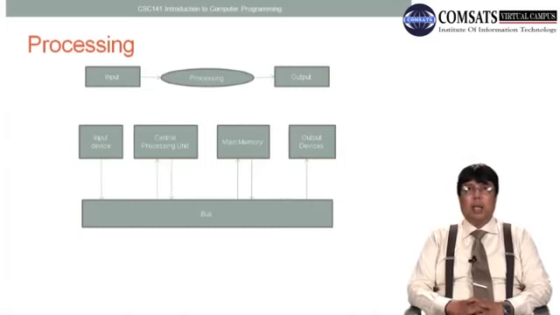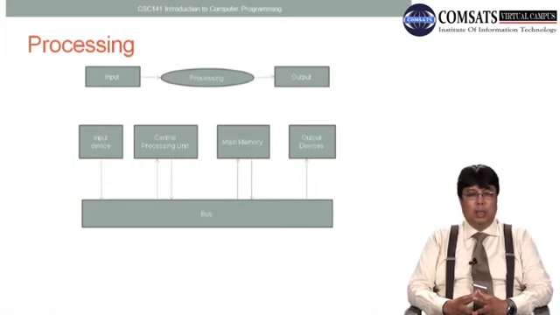All these devices are connected together through a channel, through a path which is called a bus. This bus provides a path to these components to exchange the data among them.